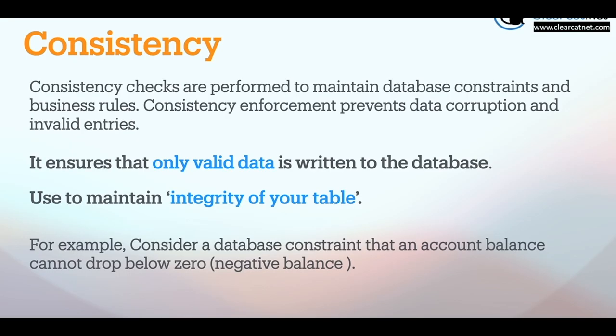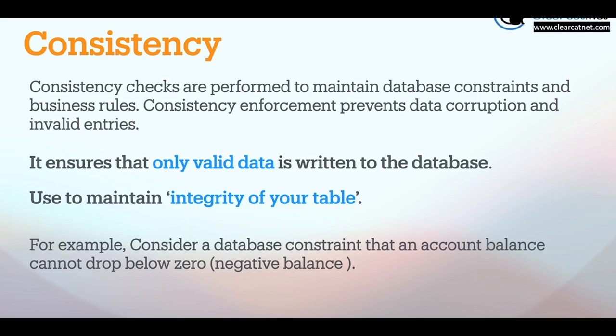The second one is consistency. Consistency checks are performed to maintain database constraints and business rules. Consistency enforcement prevents data corruption and invalid entries. Actually, we have constraints in our database. I will create a separate video on constraints and attach it to this video.